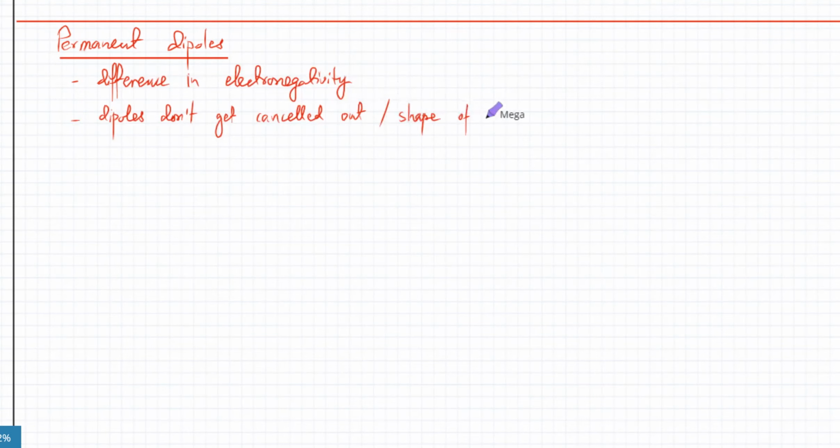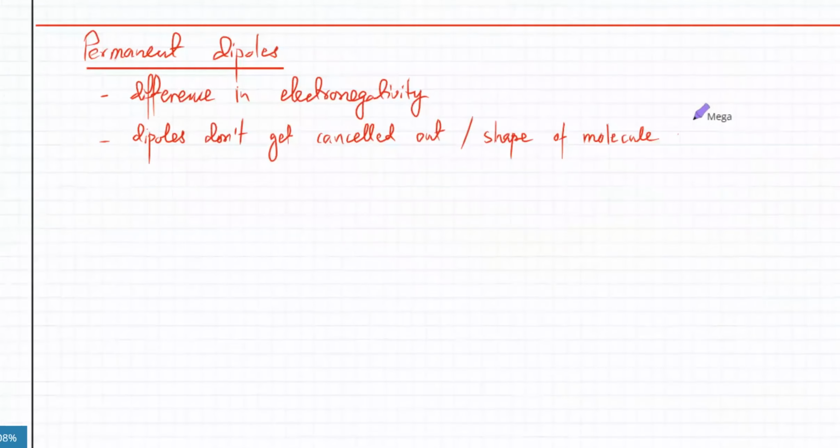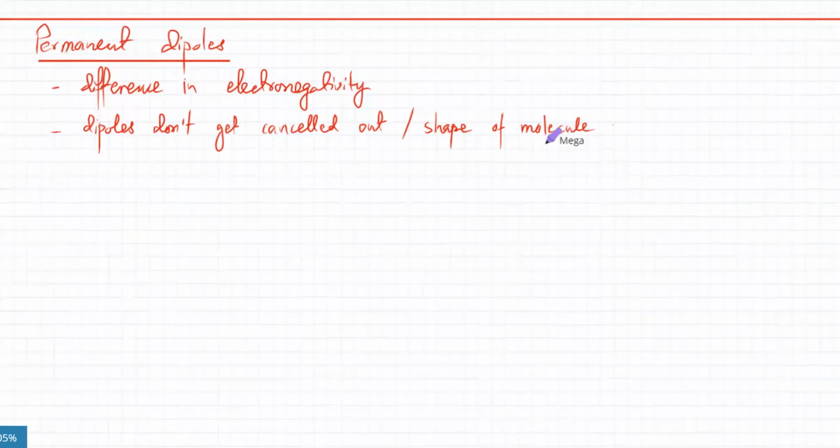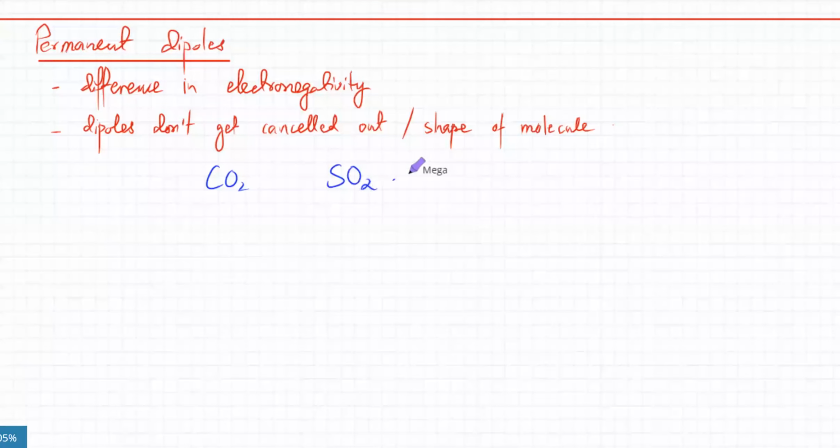So we just went through all the shapes. So what does that mean? It means that you've got a molecule like a CO2 molecule and you've got an SO2 molecule. Both of them are kind of similar.